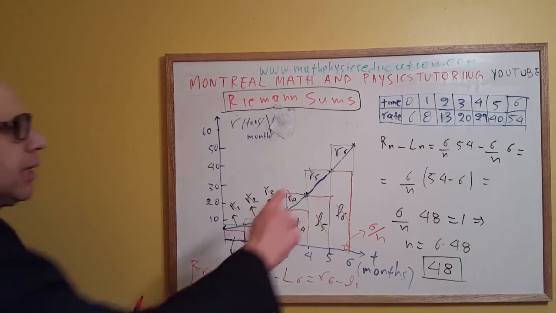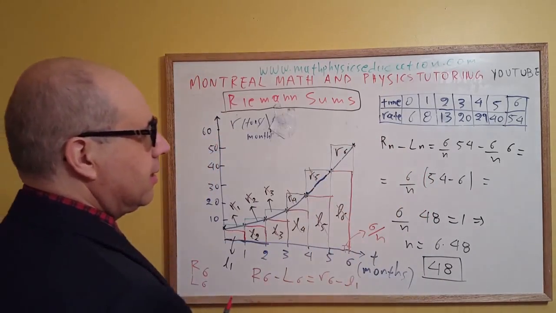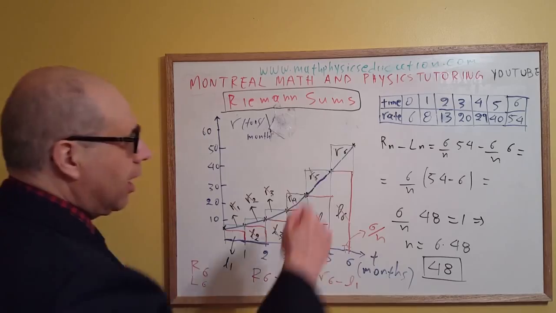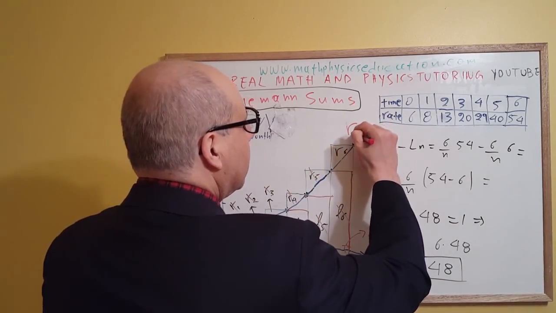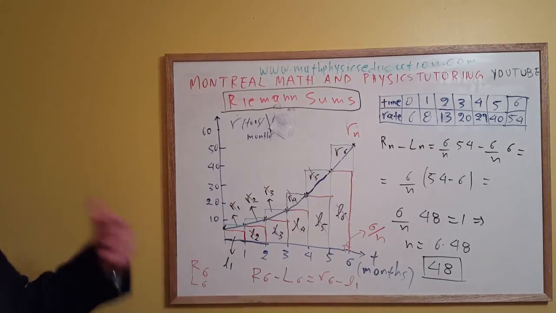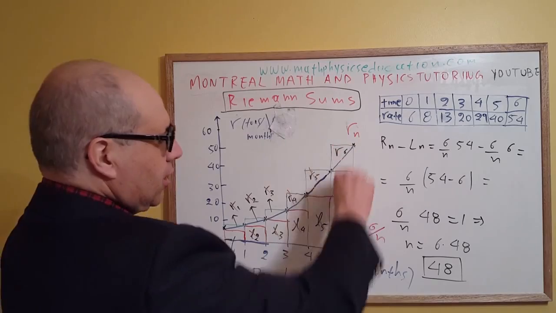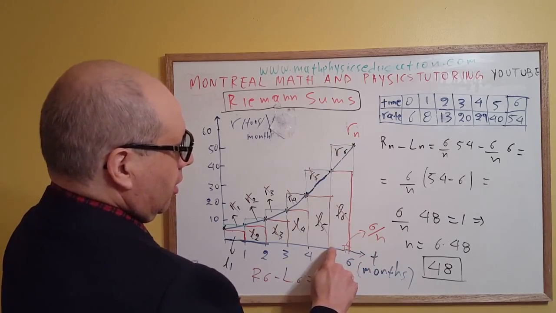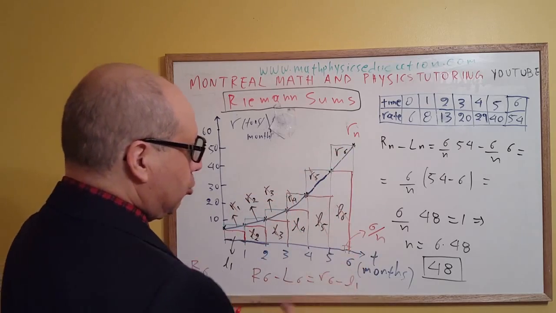So that means, to come again to this point here, that the last one, Rn, will be equal with how much? Because this here is a rectangle, the area of this rectangle will be length times width.